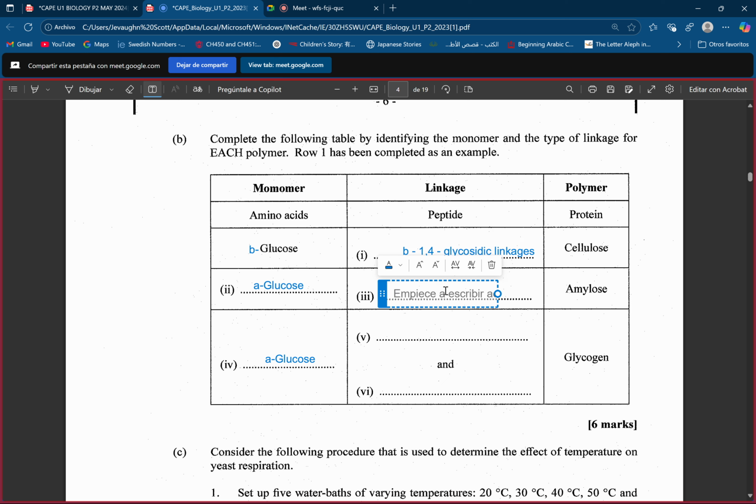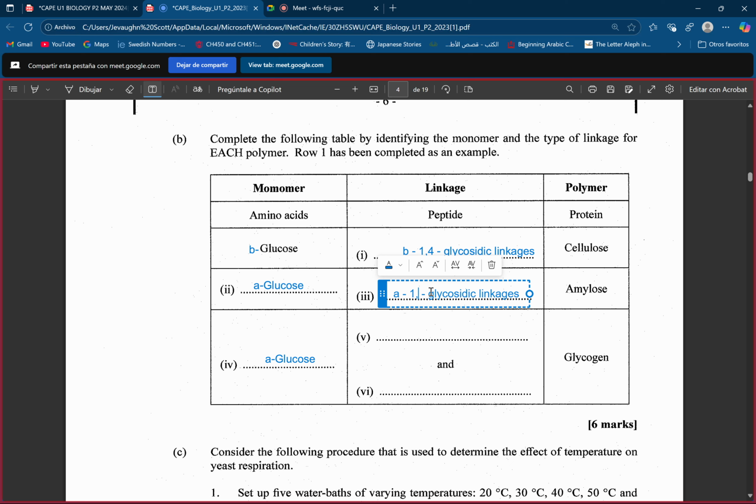For amylose, this would be alpha 1 4 glycosidic linkages, or 1 6. Really and truly, it contains both.